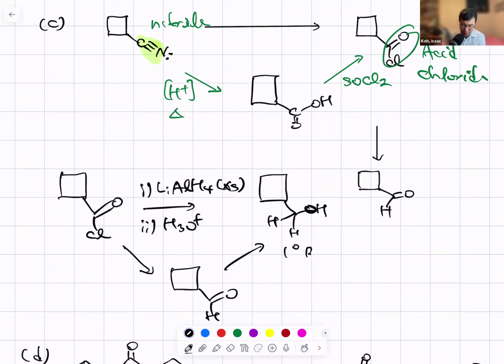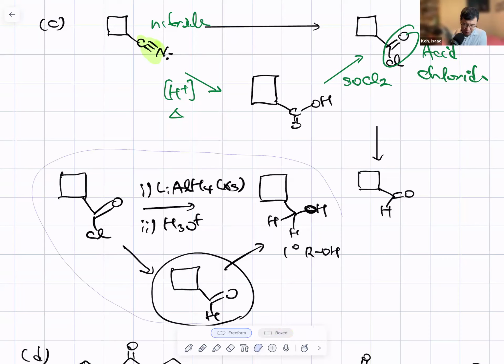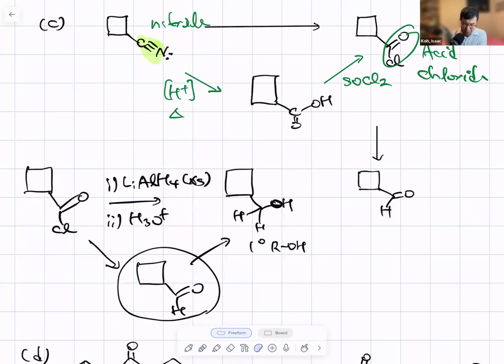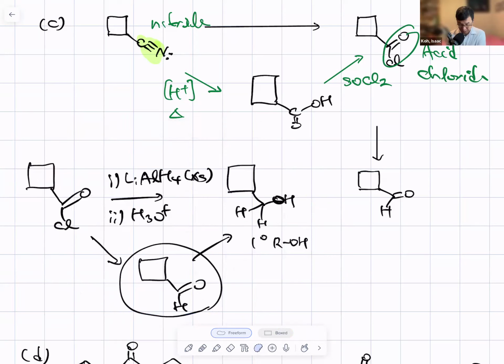So then how can it stop at the aldehyde? Then we need to use a reducing agent with reduced power. So what would be a reducing agent for an acid chloride?